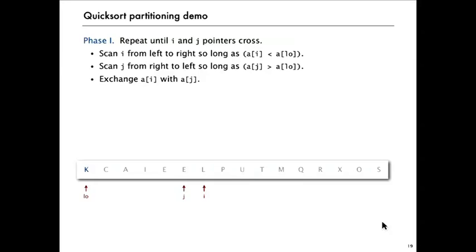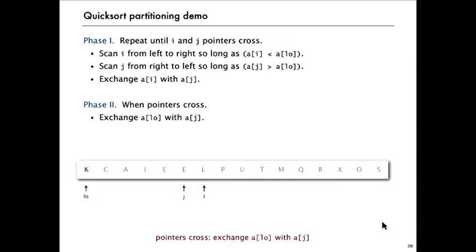In fact, j points to the rightmost element in the left subfile. It's everything that's not greater than K, so we can just exchange j with our partitioning element, and now we've achieved the goal of partitioning the array so that a of j is in its position, nobody to the left is greater, nobody to the right is less.